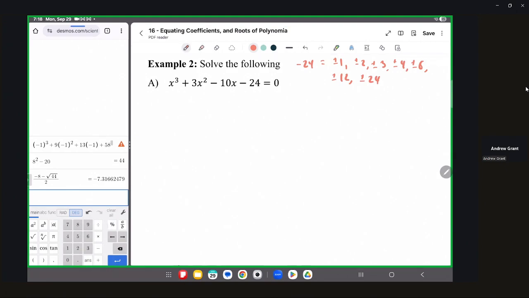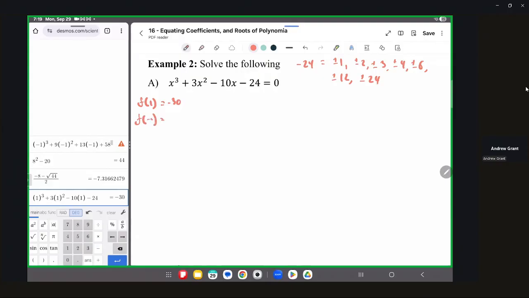And so let's start off by testing f of 1. So in our equation, we're going to type in 1 to the power of 3 plus 3 times 1 squared minus 10 times 1 minus 24. Okay, so f of 1 equals negative 30. That's no good.